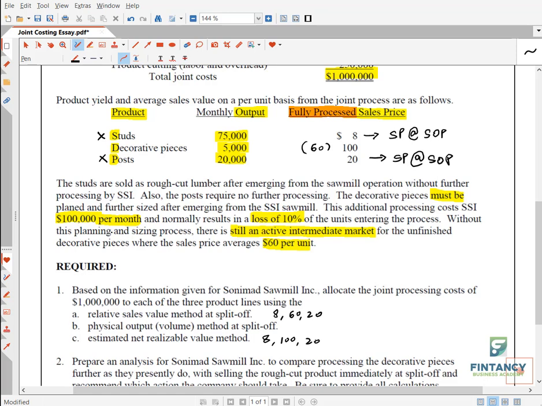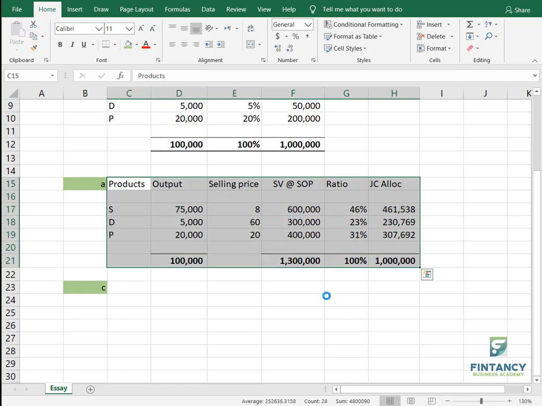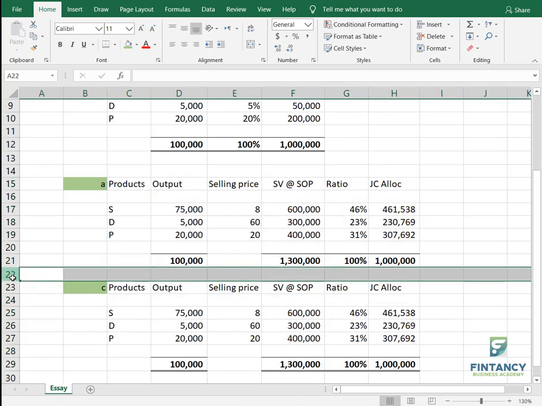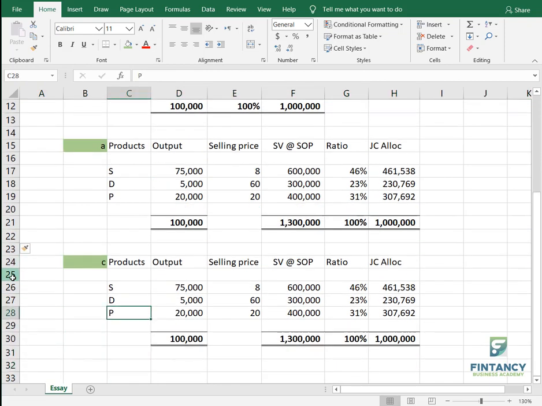So there is additional cost of 100,000 and loss of 10%. How to incorporate it here? I will copy paste everything again here. And the name is same. Decorative pieces are still decorative pieces. Last time I remember it was big and then they converted into giant. Right?